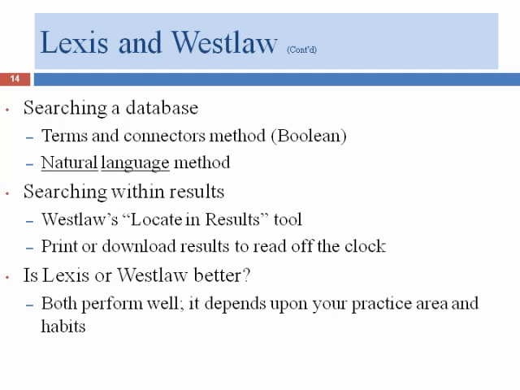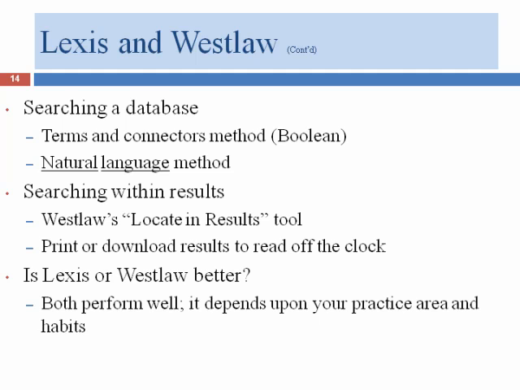So once you select a database, when you go into it, you will do that Boolean type research that we talked about before, using connectors like and, or, not. You'll also use quotation marks to reflect when you have the exact words that you want to appear in the case.